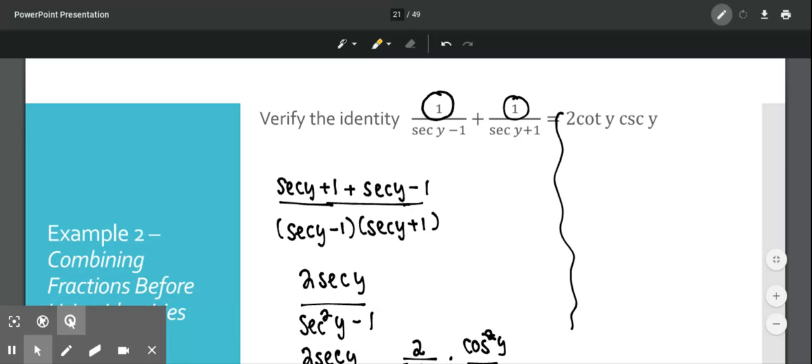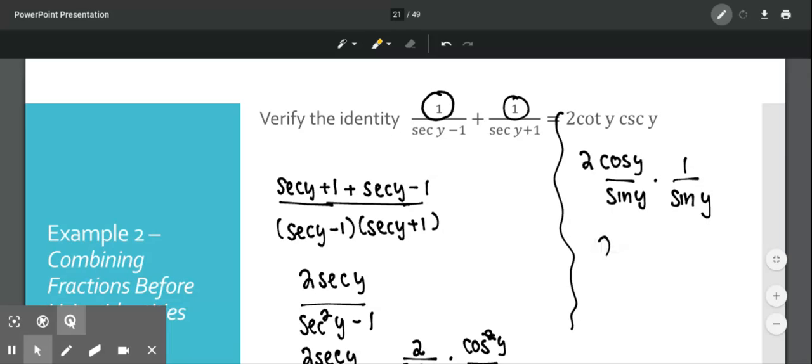So change your right side now into 2 cosine y over sine y times 1 over sine y. So if you feel like you get stuck on one side, maybe it would help to move to the other side and see what you can do there.